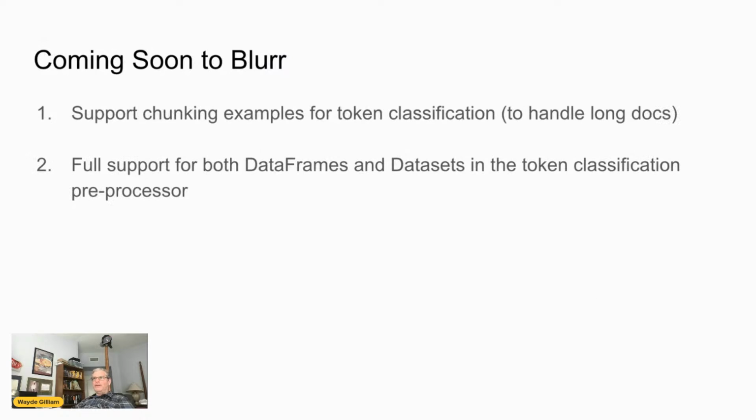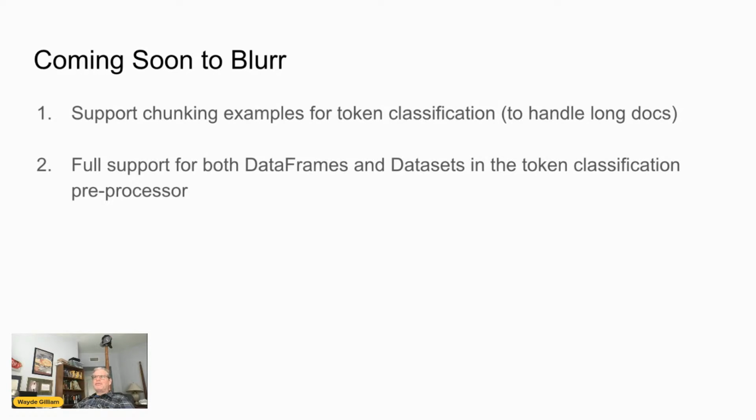Coming soon to Blurr. Again, I'm going to update the previous examples with the new namings of a bunch of things so that you don't have to wrestle with that too much. But with regards to token classification, we're going to add chunking examples and experiment with how well that helps with handling long documents, and also finish up support on the pre-processing front for both datasets and data frames.